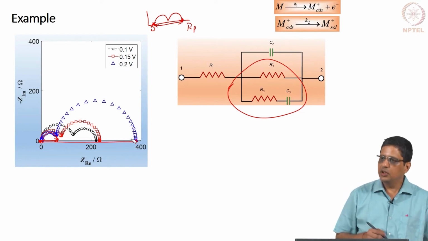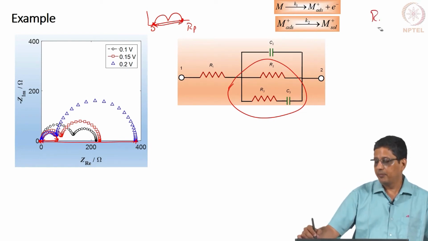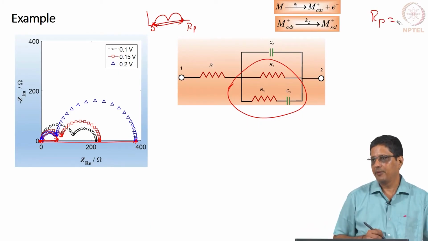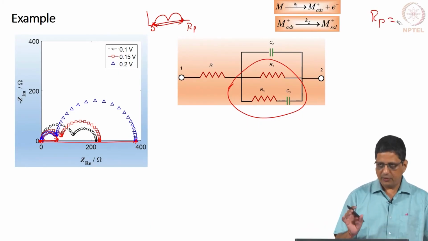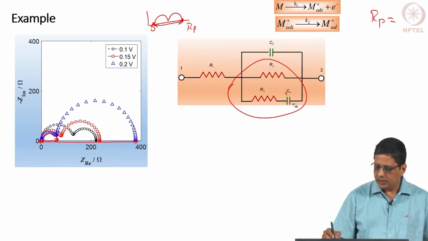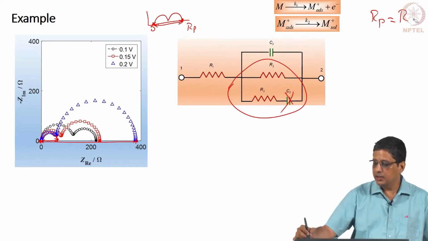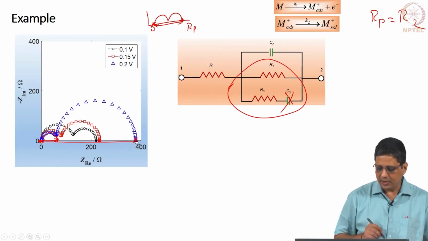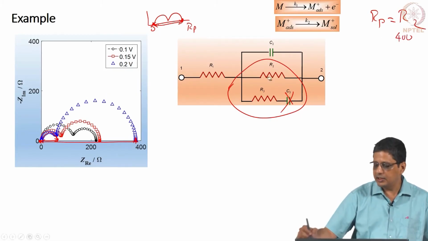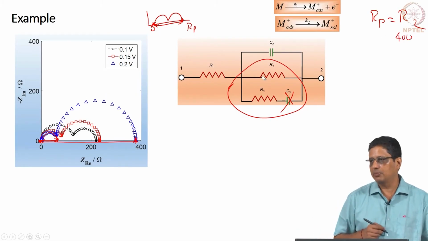Now, in the circuit, what is Rp? When I give 0 frequency, current will not pass through this, current will pass through only this. Therefore, if I am taking this data, I am going to estimate it and start with an initial value of 400 or something close to this.